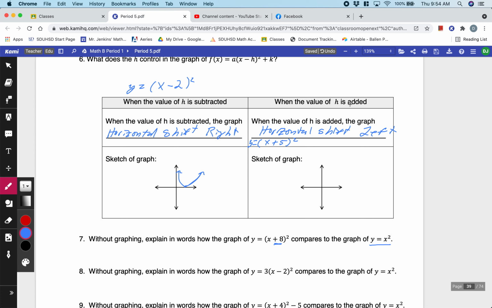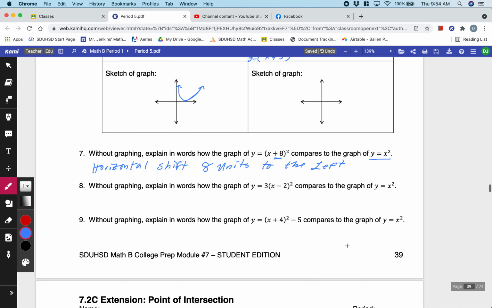So I'm adding an h value, which means it's going to be a horizontal shift of 8 units to the left.